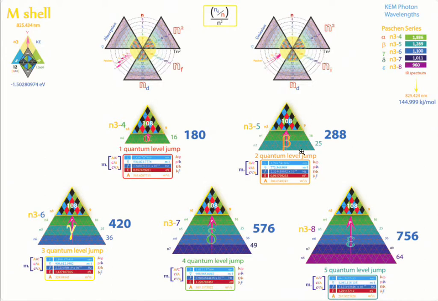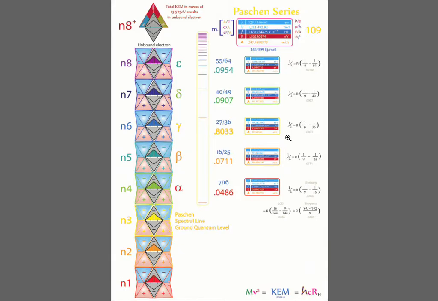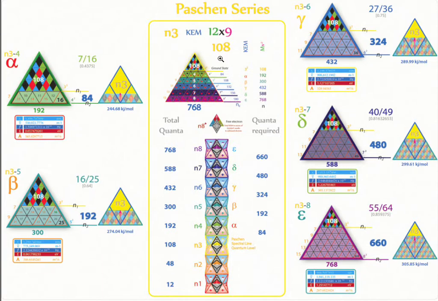Again, we represent it in terms of energy, and again we show the fractional math of these energy transitions, and again we show it in terms of charged mass quanta transitioning to N3.